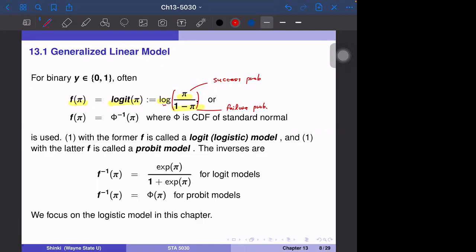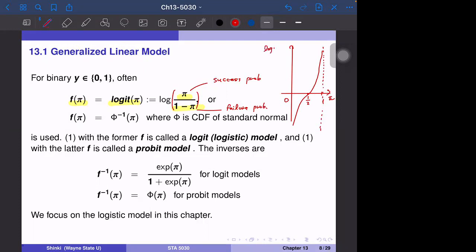So this function satisfies the condition: pi is between 0 and 1, and the function ranges from negative infinity to positive infinity. And it becomes 0 when pi is equal to 1/2, since that is log of 1, which is 0. The asymptote is here, and also at pi equal to 0.